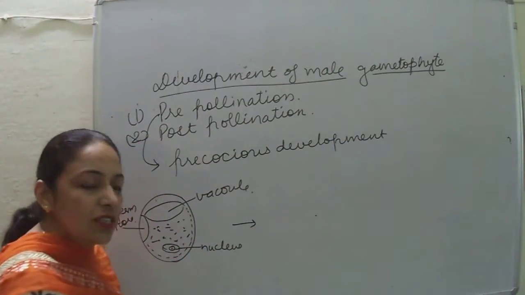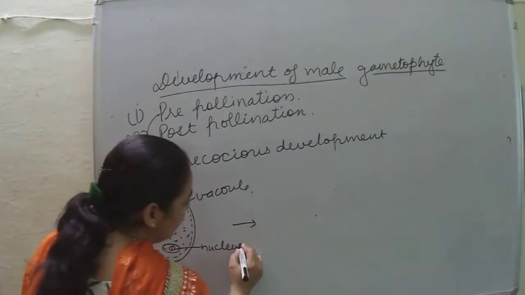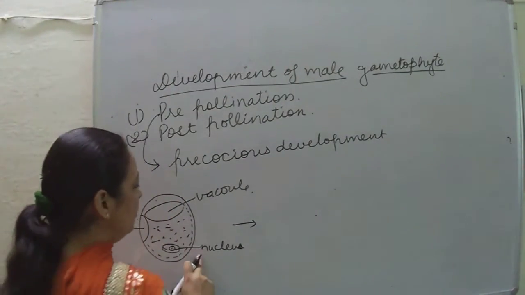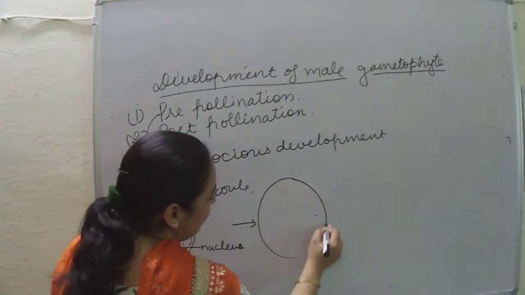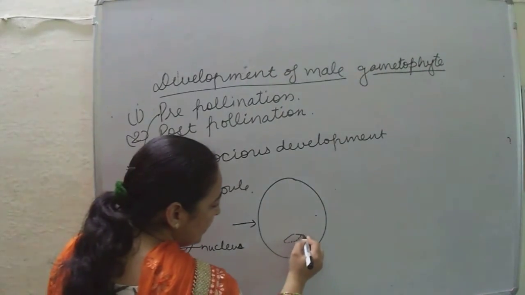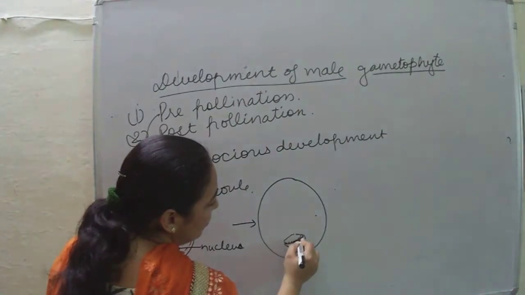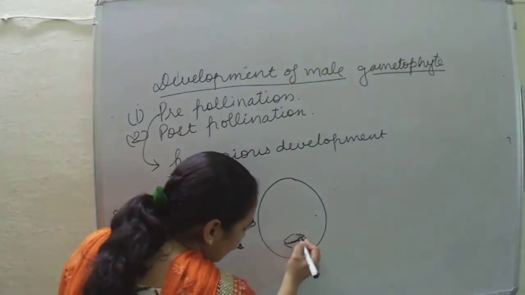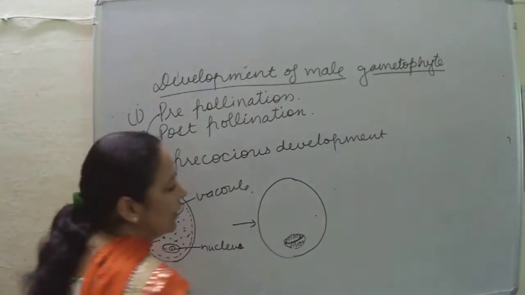As soon as it starts to develop, the nucleus of the vegetative cell divides into 2 parts. Here the nucleus starts dividing by mitotic division into two parts in a longitudinal way, like this.